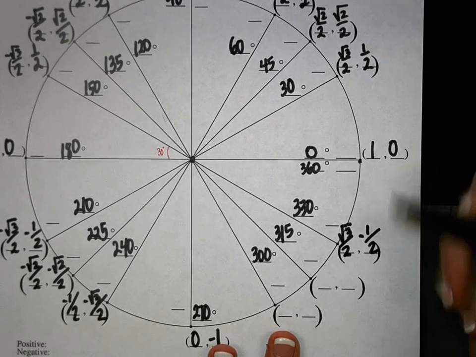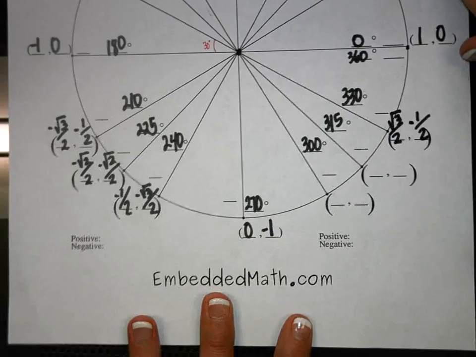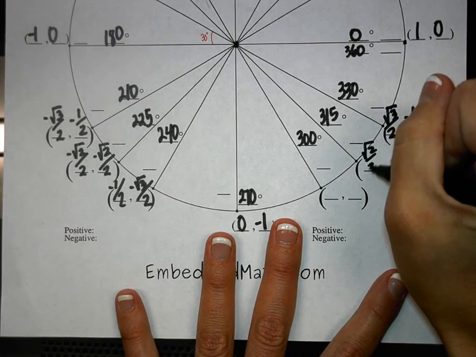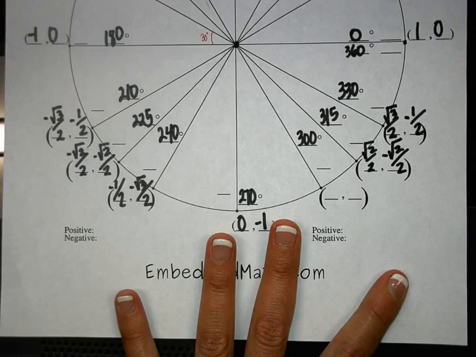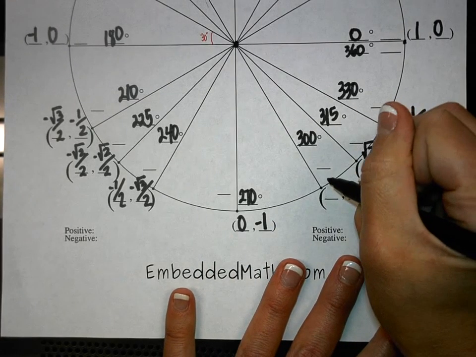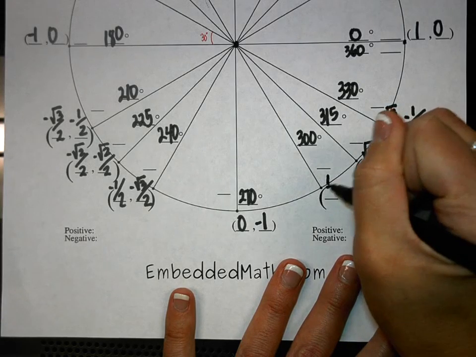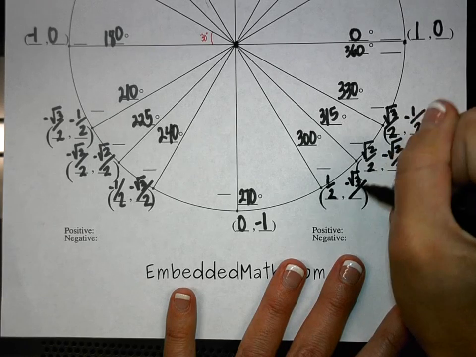So the next ordered pair is going to be root 2 over 2 and then negative root 2 over 2. The next one will be 1/2 or 1 over 2 and negative root 3 over 2.